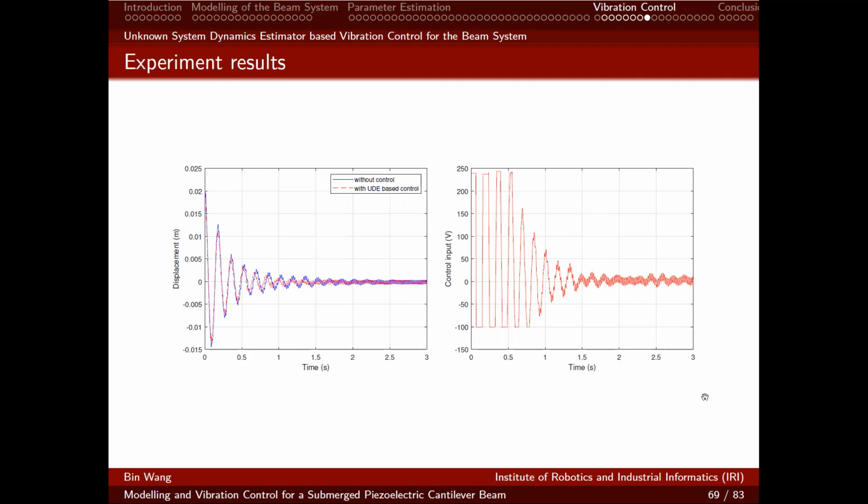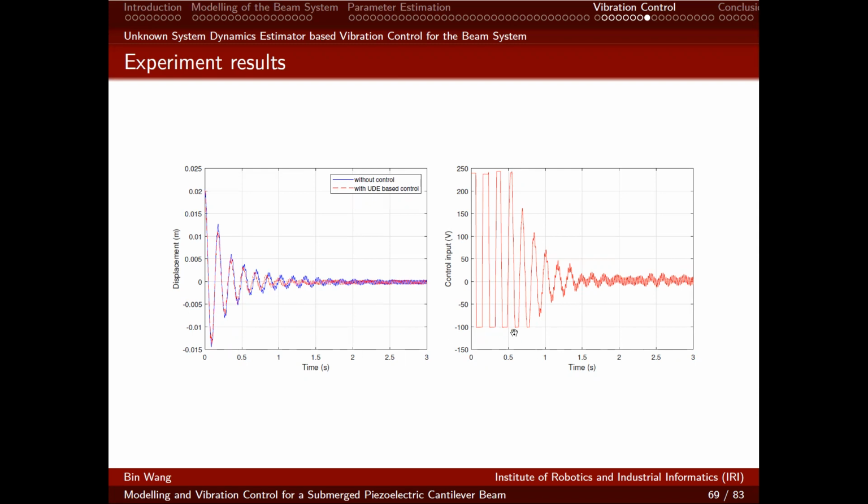For the submerged beam, we also tested the proposed controller. We can see the vibration is only slightly suppressed in this figure because the applied voltage is saturated before the first second.